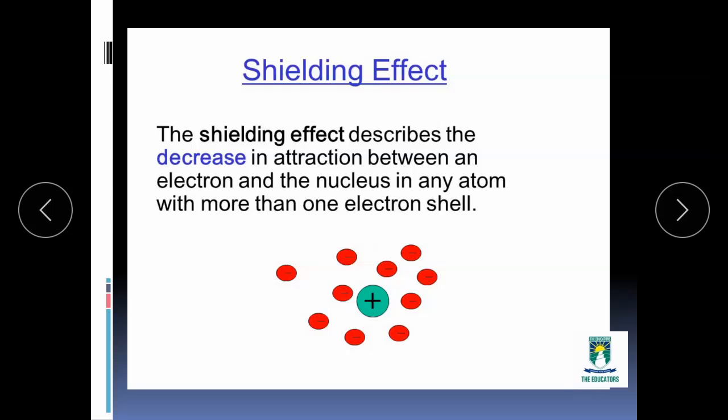The shielding effect describes the decrease in the attraction between an electron and the nucleus in any atom with more than one electron shell. Or we can also define it as the reduction in the force of attraction between the nucleus and the outermost electron due to the inner electrons. It is called the shielding effect.